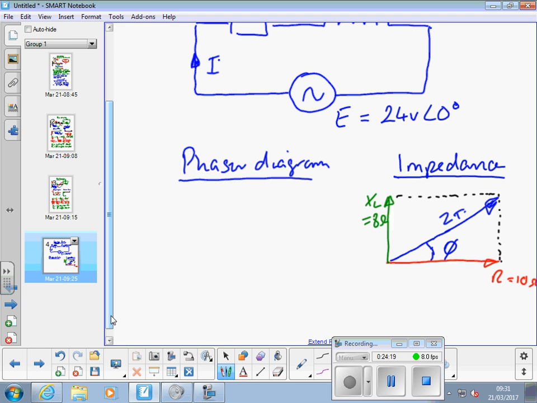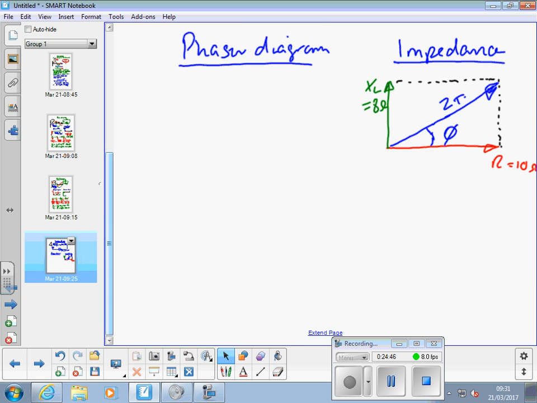Yeah, we could do Pythagoras, but is there an easier way? That would help us get the angle. But rather than do all that separately, is there an easier way you could do it? You could go Pythagoras theorem. I'll tell you what, let's do that down one side of the board.